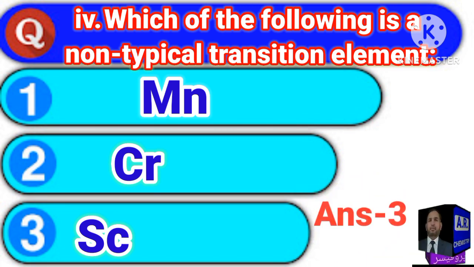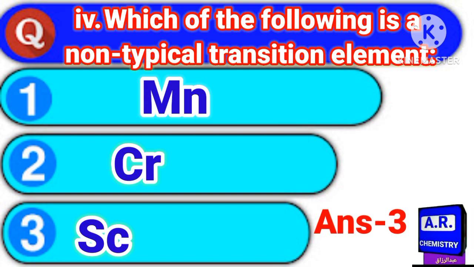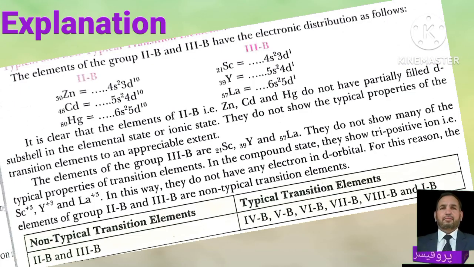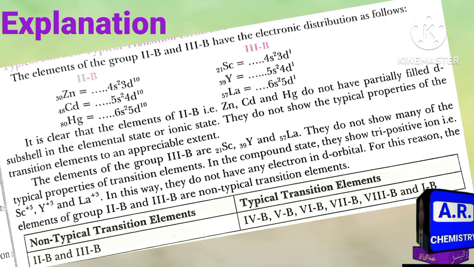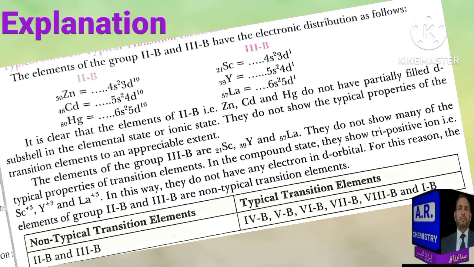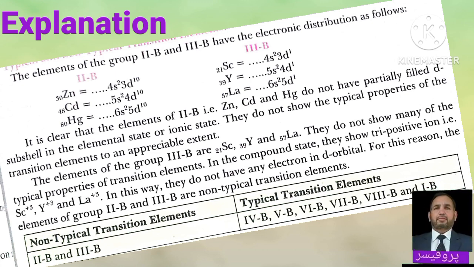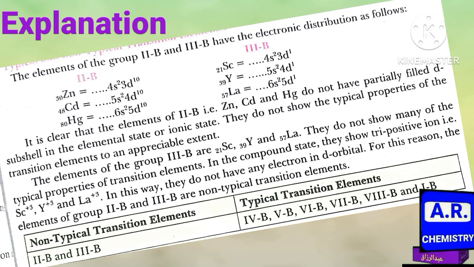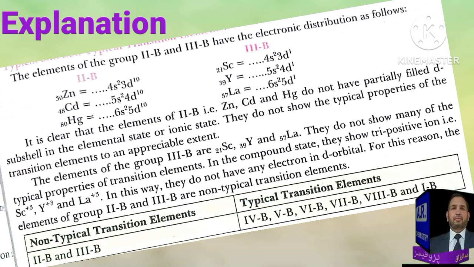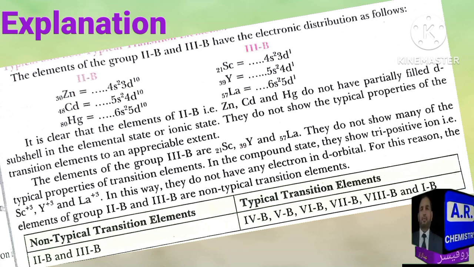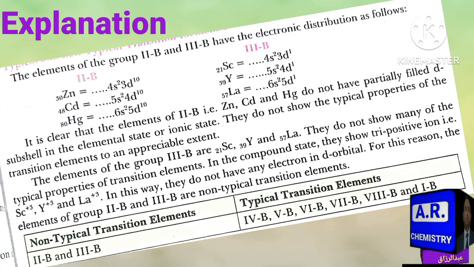Correct answer is option number 3, that is scandium. We know that in the d block, elements of subgroup 2nd B and 3rd B are classified as non-typical transition elements, and scandium falls in subgroup 3rd B, so it is a non-typical transition element.